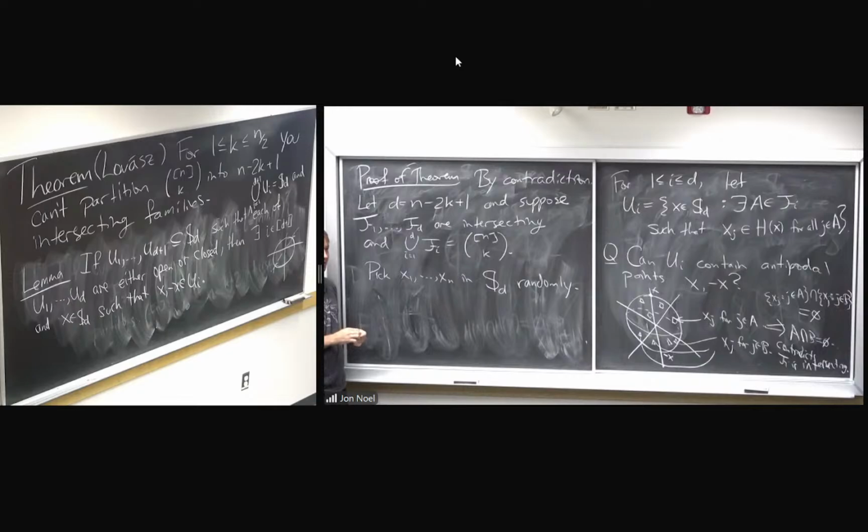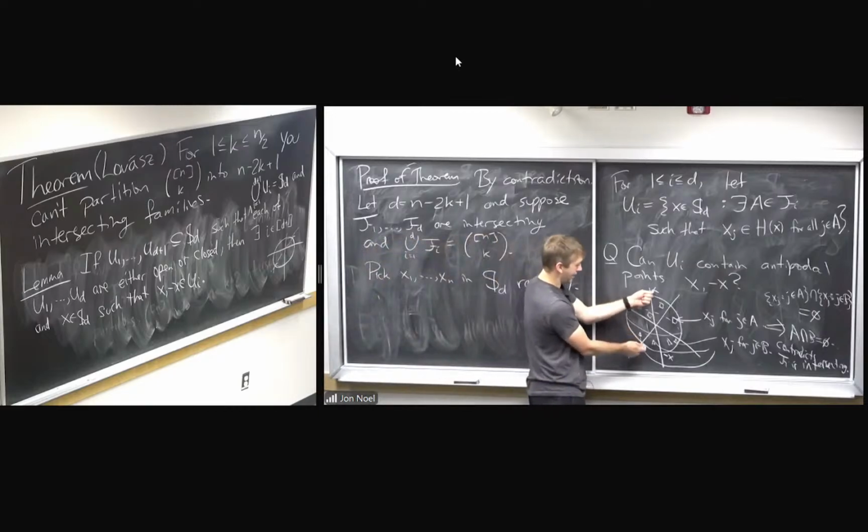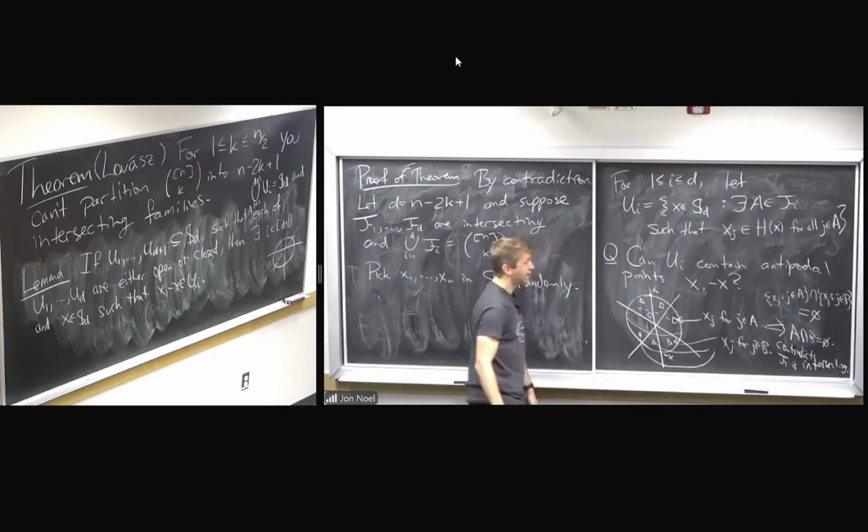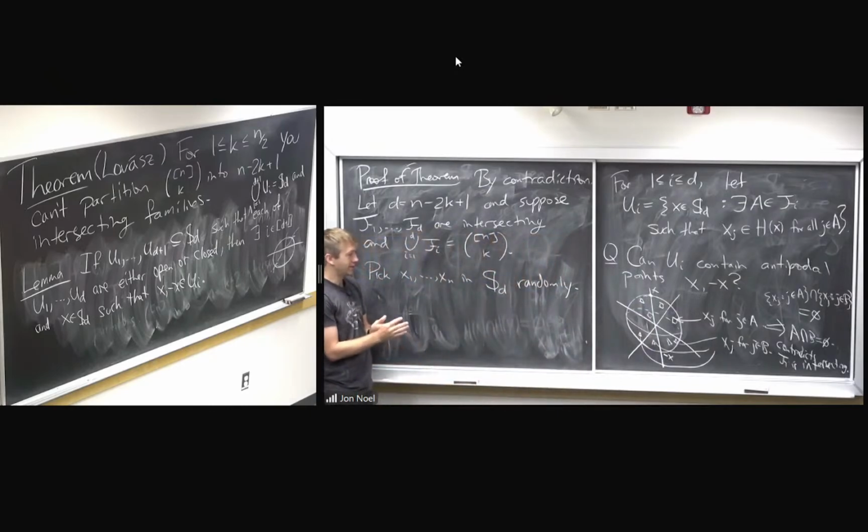Do you see how that works? x being in Ui gives some set A where everything in A is up in this hemisphere, but then there's some B in Fi where everything's in the other hemisphere, and they're disjoint. That's the key thing about this intersecting condition. So all of these sets Ui can't contain any antipodal points.